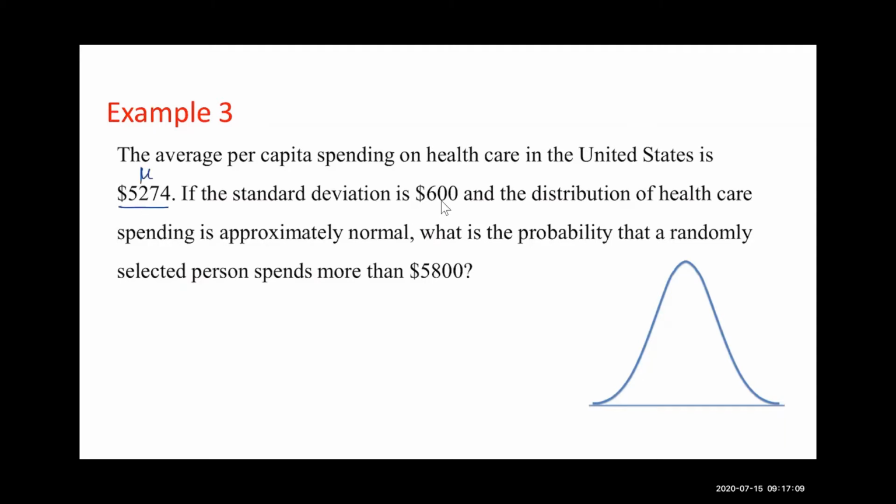If the standard deviation is $600, standard deviation or sigma is $600, and the distribution of the healthcare spending is approximately normal. So the spending is normal, which is shown here. So if we have X or spending along the X-axis, the distribution of the spending is normal with the mean of 5,274. So mean will be in the middle.